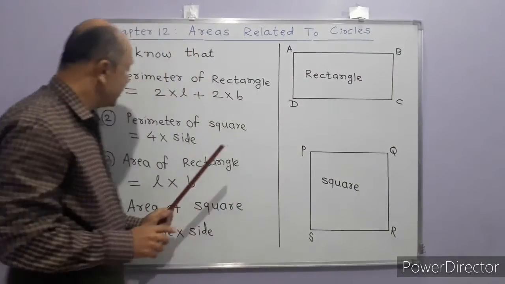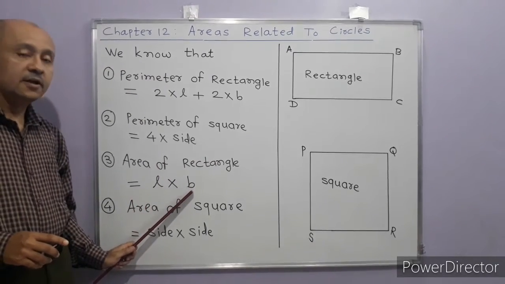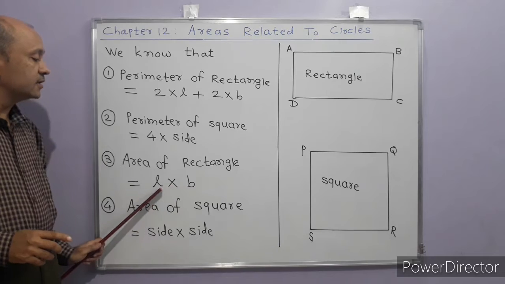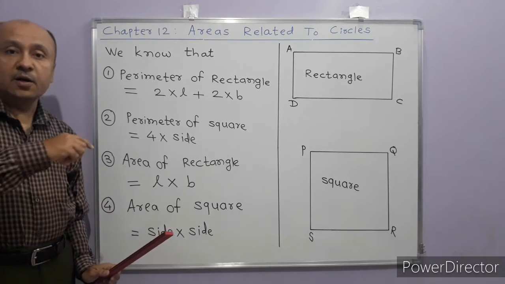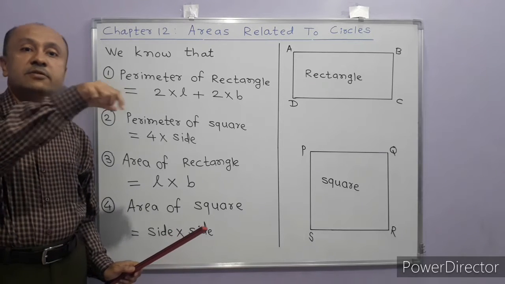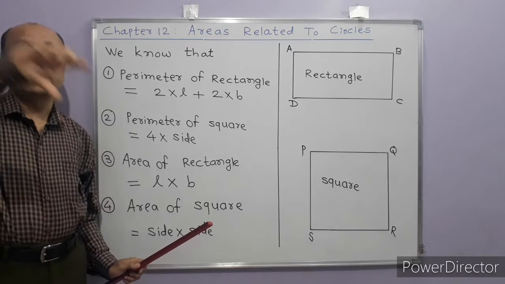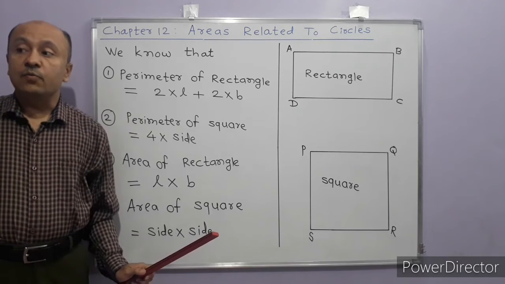Okay, so the formulae are given here. Area of rectangle is equal to length multiplied by breadth. Another example is given. Say, for example, students are standing in rows and columns. We count the number of students in one row and the number of students in one column, and we multiply.